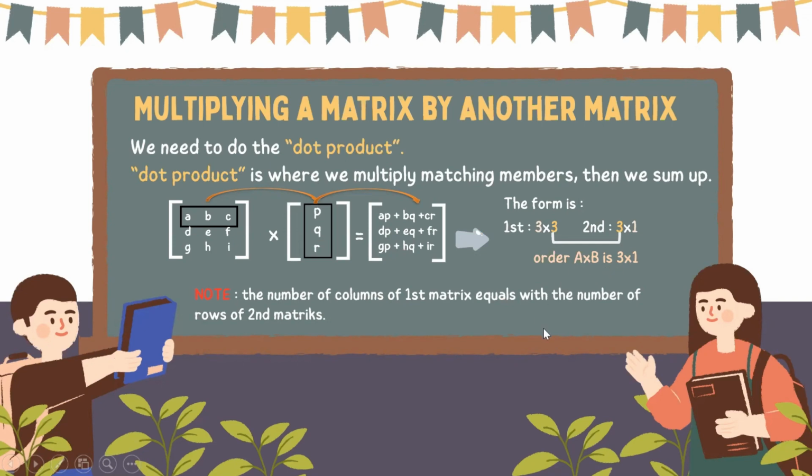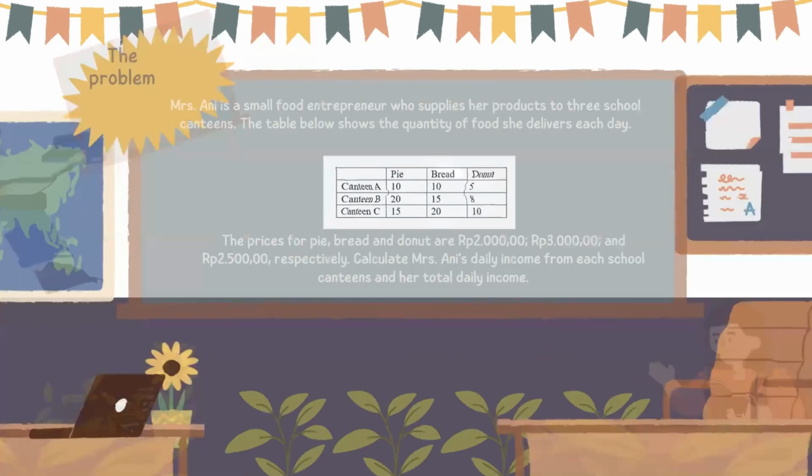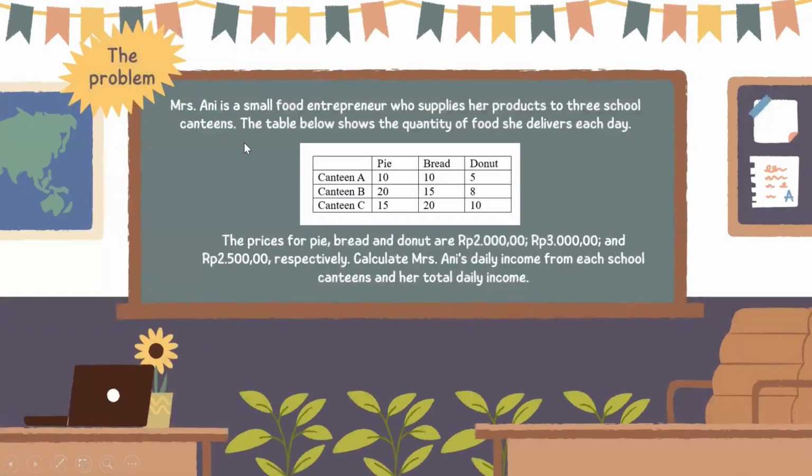Okay, let's do the problem. Mrs. Annie is a small food entrepreneur who supplies her products to 3 school canteens. The table below shows the quantity of food she delivers each day: pie, bread, and donut. For canteen A, Mrs. Annie delivers 10 pies, 10 breads, and 5 donuts.